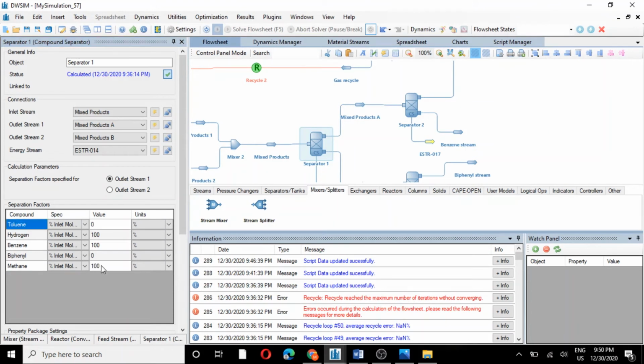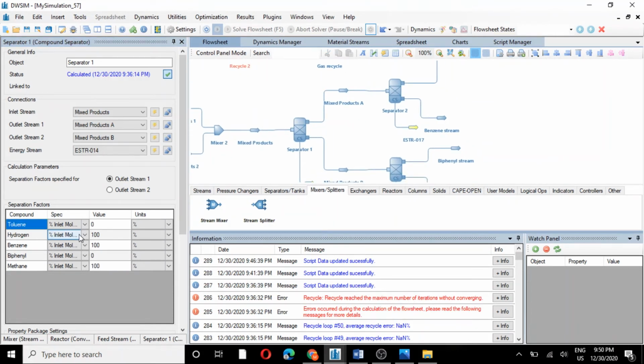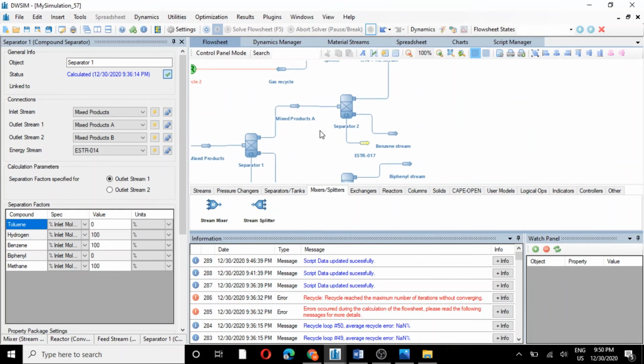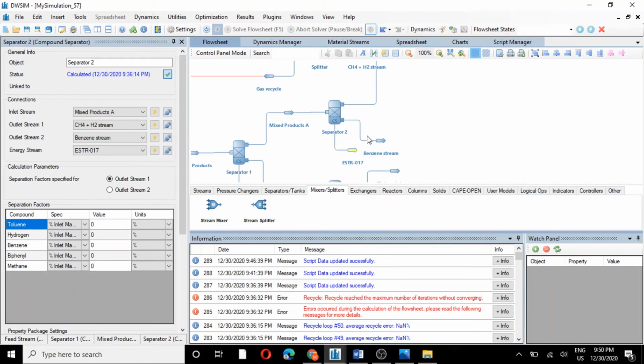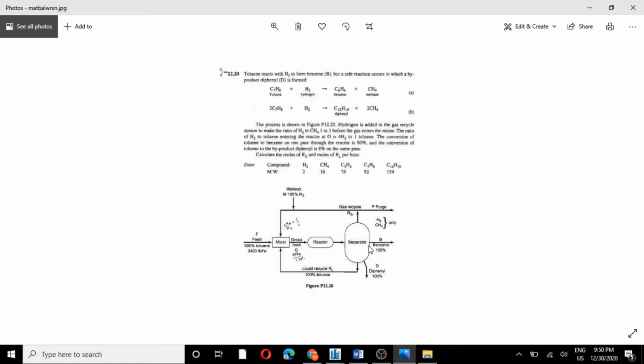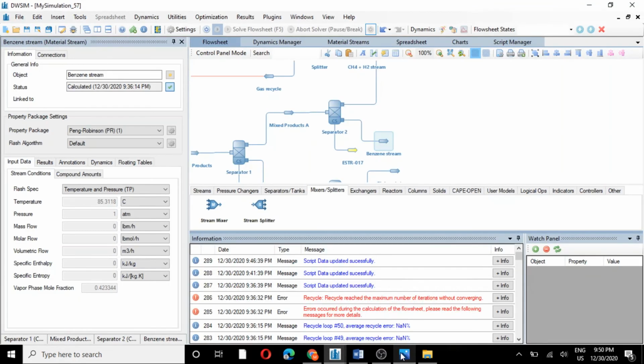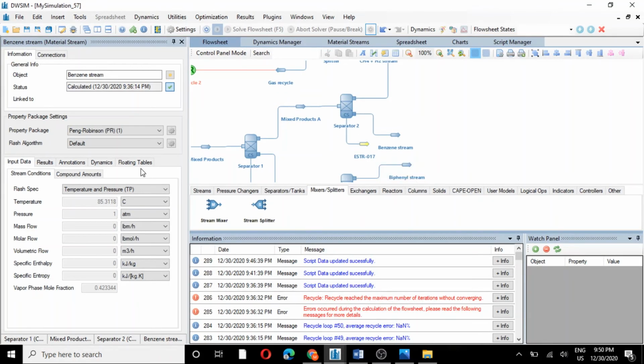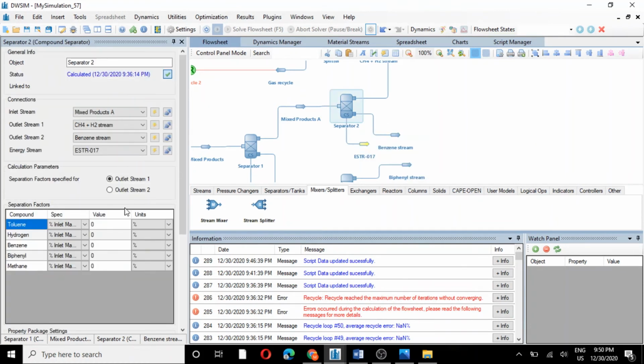Okay, so these 3 compounds will now go to stream 1, which is the mixed products, in separator 2, which will then be separated. Right here in the problem, in this stream we have the benzene stream. So the benzene exits at 100%. To do that, we have to change this again to molar flow rate.